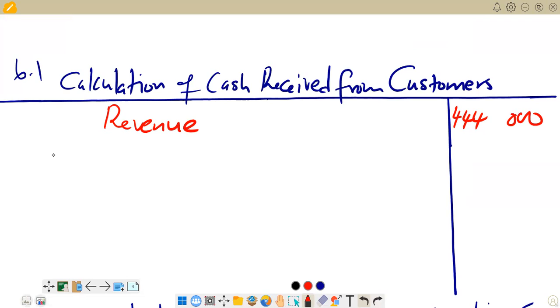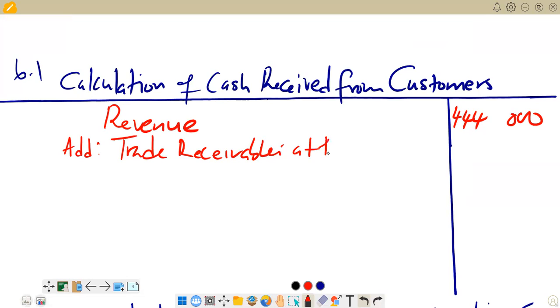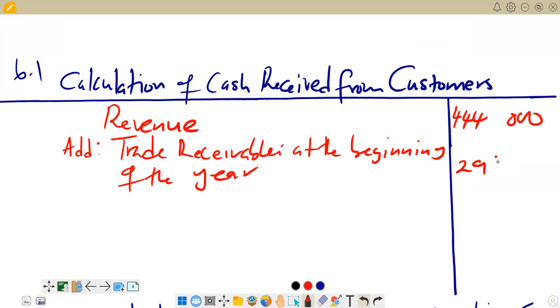Then we are going to add the figure for trade receivables at the beginning of the year. And according to the information that we have there, we've got 29,350, and we're adding, so we leave it as a positive.